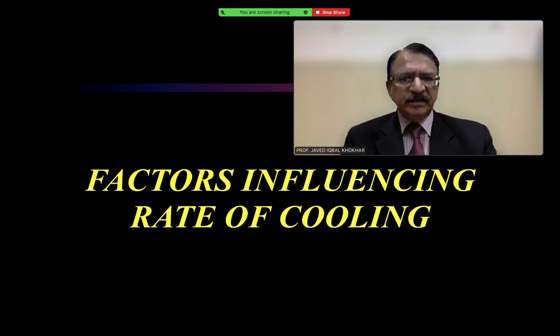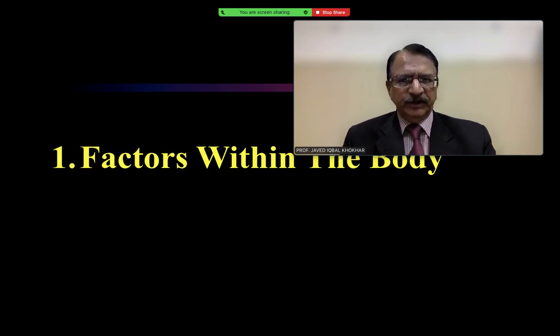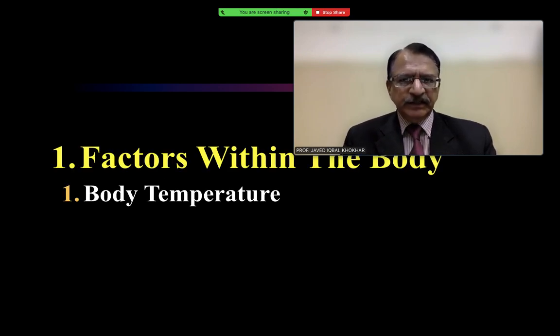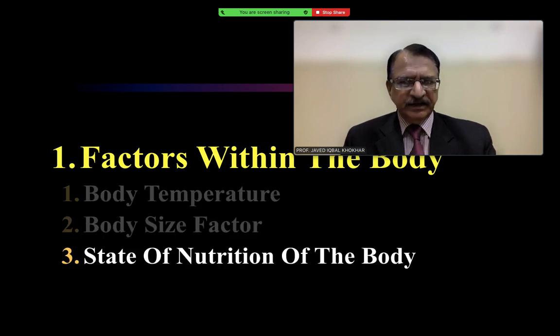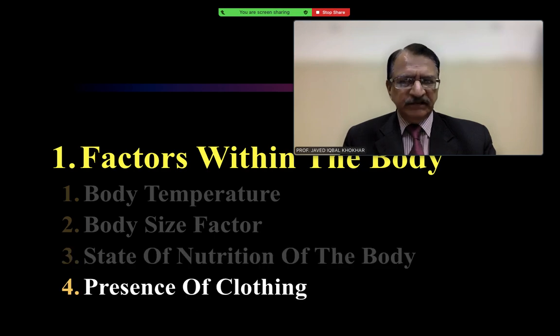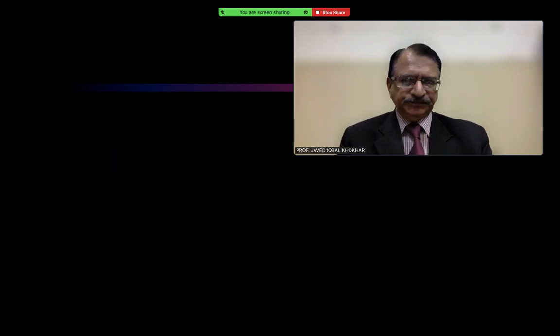So, there are certain factors which influence the rate of cooling. There are factors within the body and there are factors outside the body. The factors within the body are the body temperature, body size factor, state of nutrition of the body, presence of clothing, and mode and manner of death.